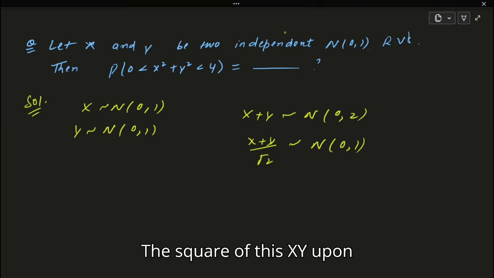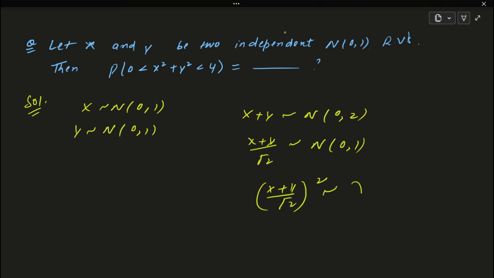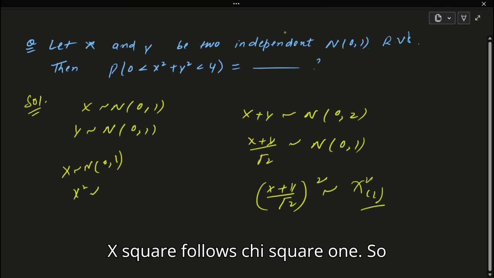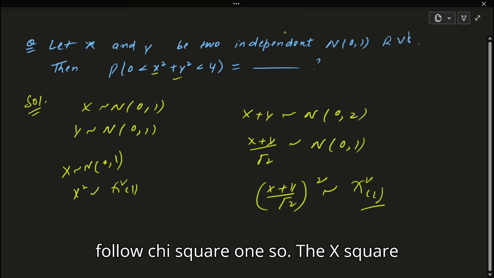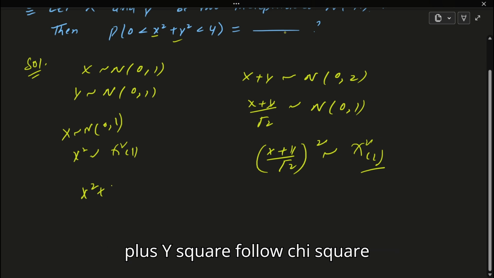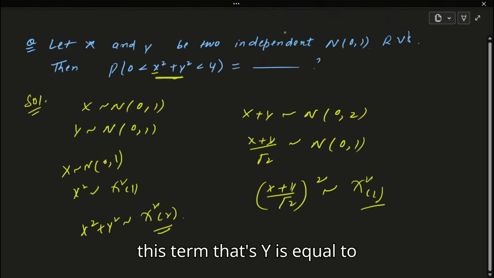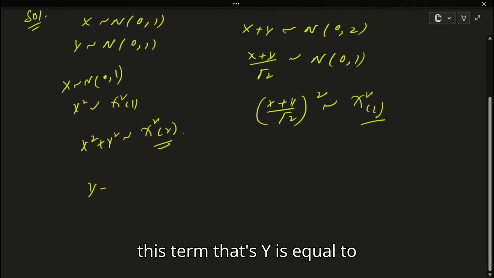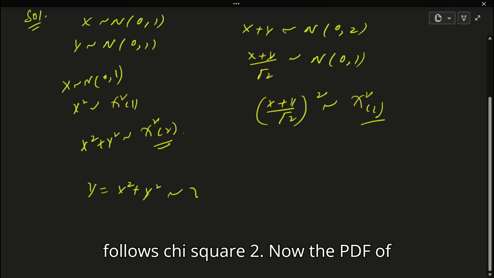The square of this follows chi square 1. As you know, when x follows normal 0 comma 1, x square follows chi square 1. So x square plus y square follows chi square 2. Clear? So y, equal to x square plus y square, follows chi square 2.